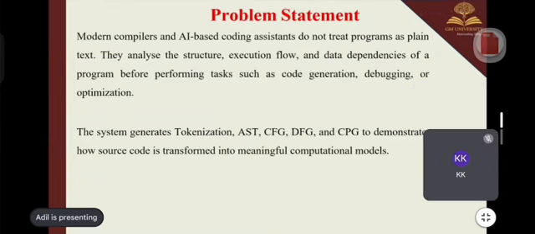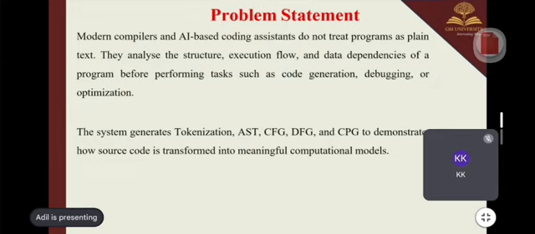Myself Abhishek here. My topic is the problem statement. Modern compilers and AI-powered coding assistants such as ChatGPT, GitHub Copilot, Gemini, and Claude do not simply read programs as text. They analyze the structure, execution flow, and dependencies within the code before generating outputs or suggestions.